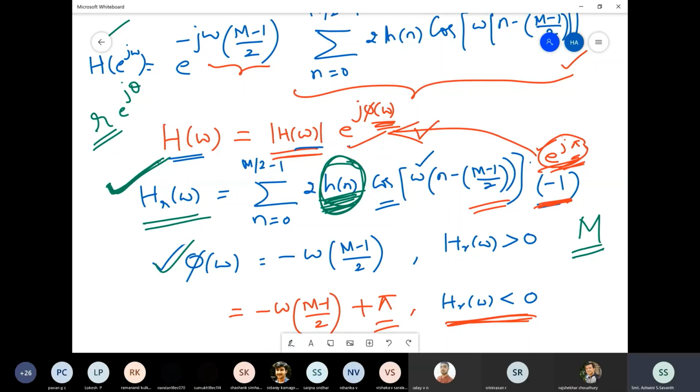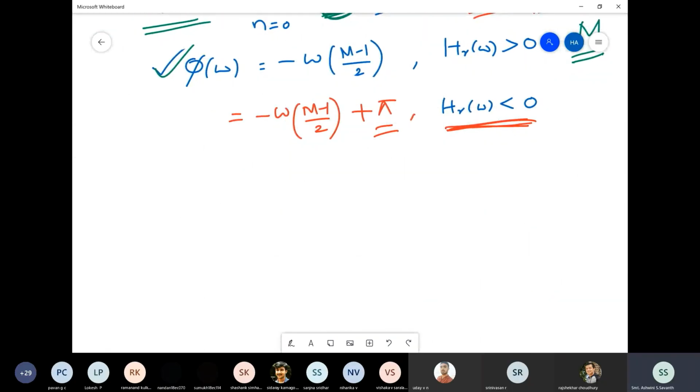So now we'll have to derive the frequency response for a symmetric FIR filter when the order, that is M, is odd. Okay, so let's do that derivation now.